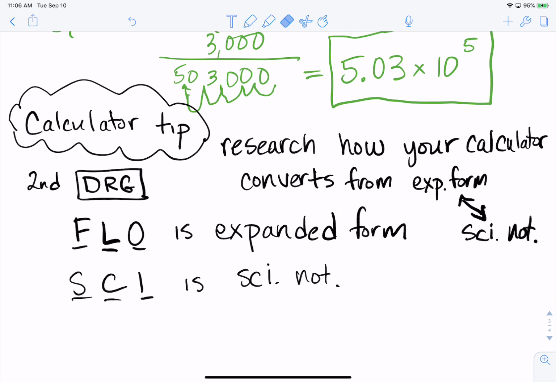Okay. No worries though, because if your calculator doesn't convert it, or if in fact you're working with your phone and you don't have some fancy app, look at me. There we go. It's fine, because look what we did right here. We knew how to convert an expanded form number into scientific notation, right? We walked ourselves through it. It's okay. You still need to know how.